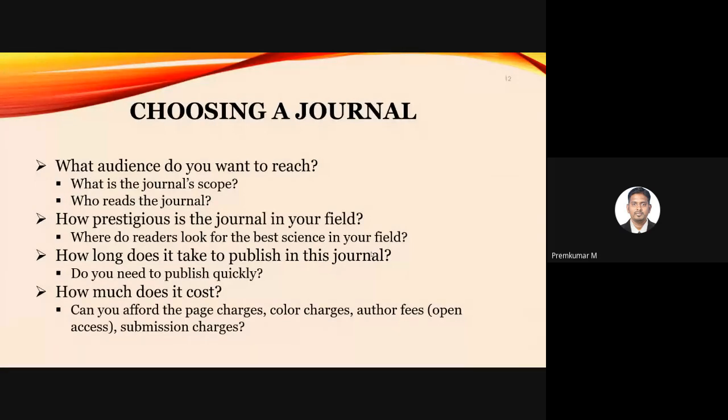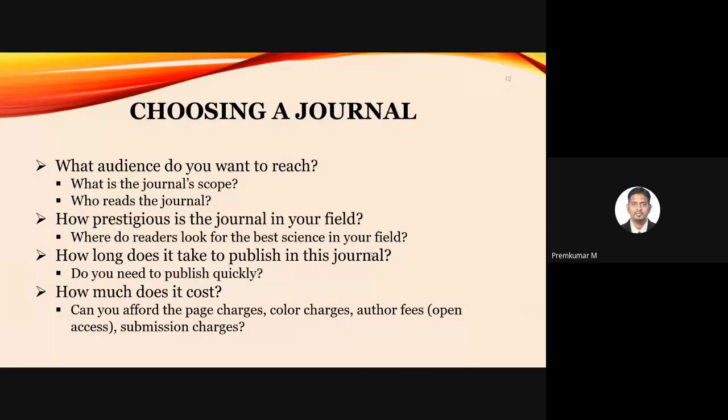And the third question is, how long does it take to publish? If you submit your paper today and it is published next year, it is all a waste of time, and maybe the work gets scooped. So when you select any journal, check how long it will take to publish your paper. And the last question is, how much does it cost? That is very important, because nowadays so many open access journals are available.